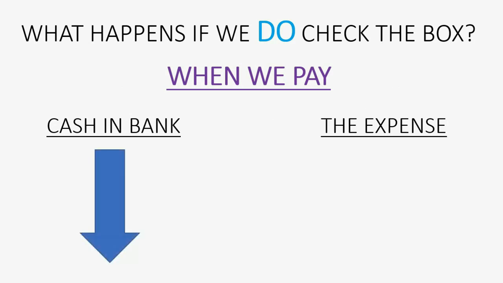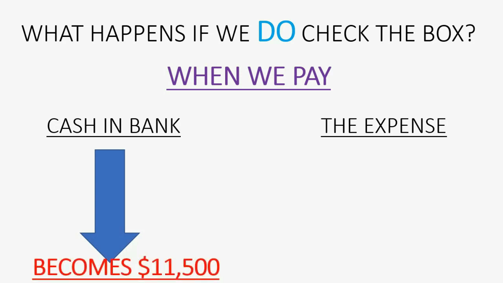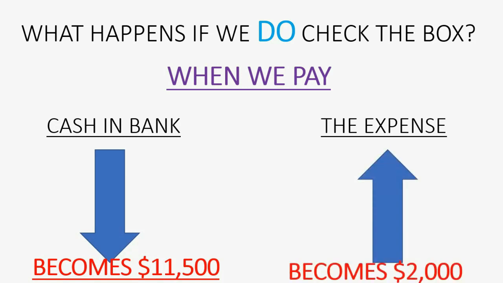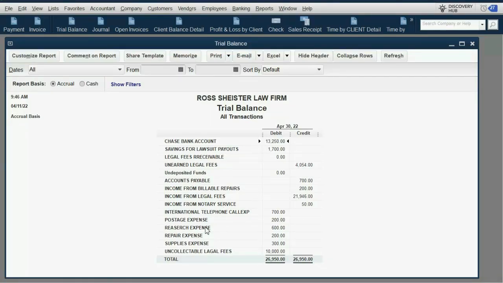Cash in bank will go down, and it will become $11,850, and the expense will go up, and it will become $2,000. Okay, because we already have $600 in research. So we take a look. See, research expense, we already have $600, but it wasn't billable. It was tracked to a client, but it wasn't billable. But now, look what happens when we just pay.